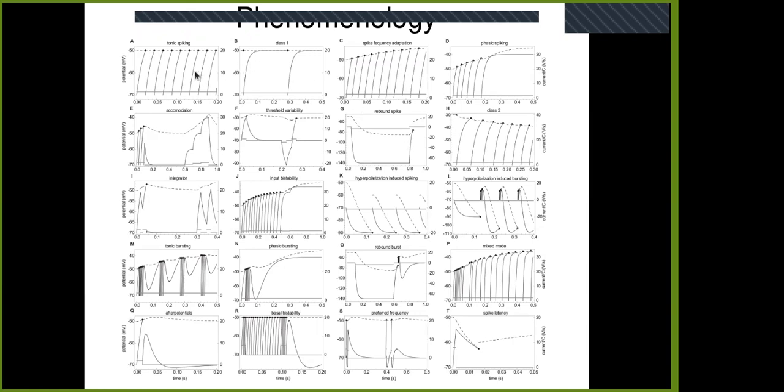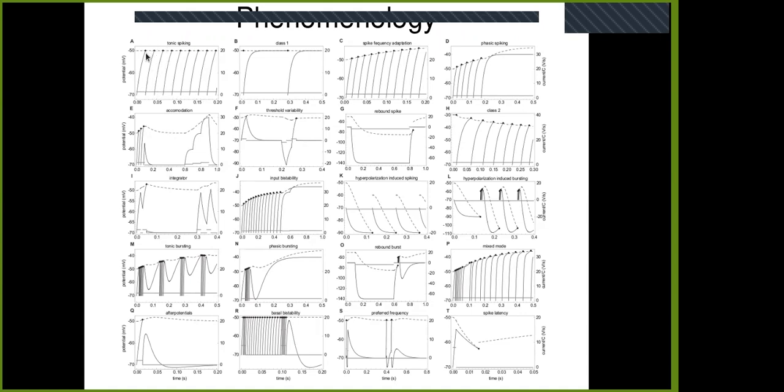I should mention that we don't plot the spikes as vertical lines. The way this works is you have time on the horizontal axis and V, let's call it the voltage, on the vertical axis, and then at the bottom you have the injected current. In this case, you have a constant injected current, and you see the integration.